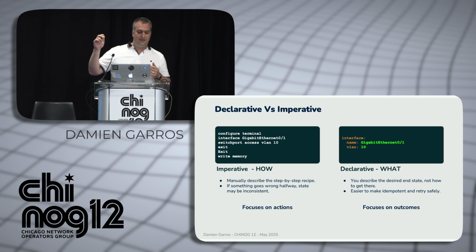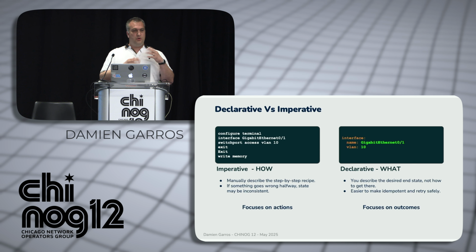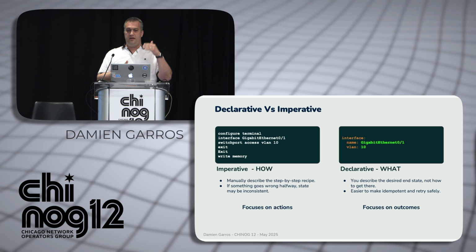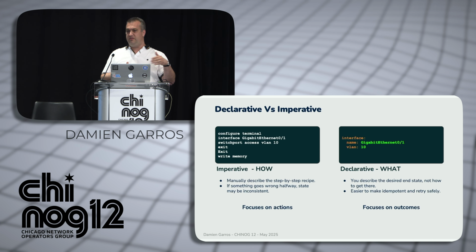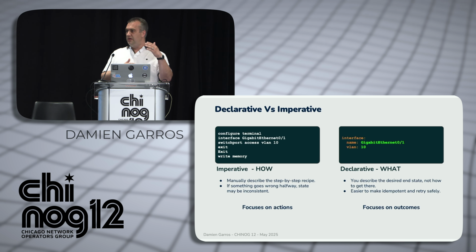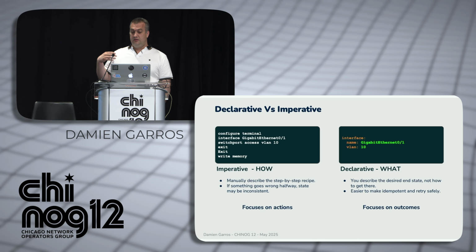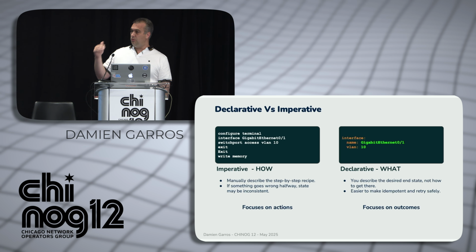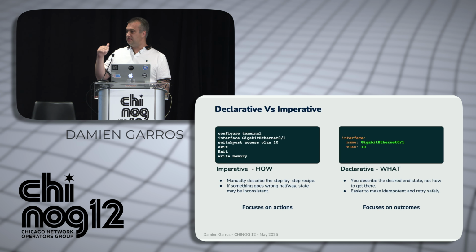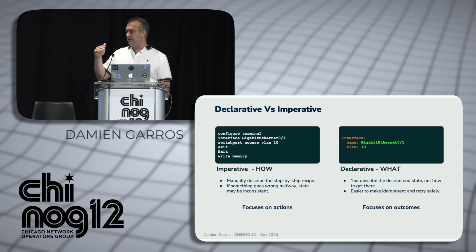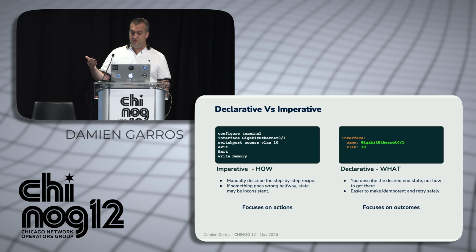If we look at that, on the left side, the imperative is pretty much what you would do in the CLI. I need to go in the CLI, I need to enable mode, I need to configure that VLAN, I need this and that, and there's a number of steps, where the declarative will be more, I want this VLAN configured on this interface, and I don't care how it's being done. The tool will actually take care of that.